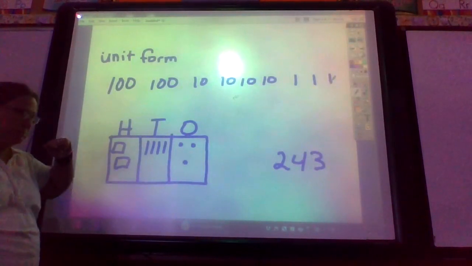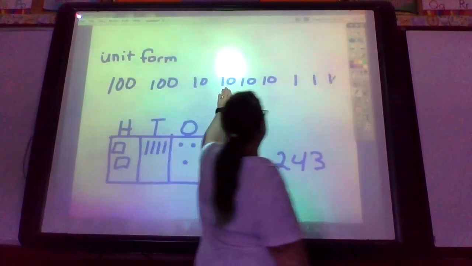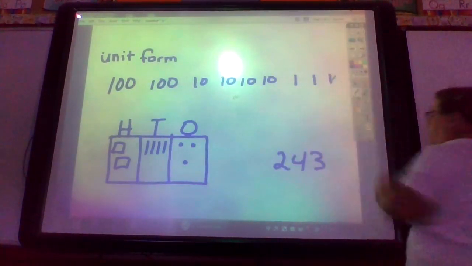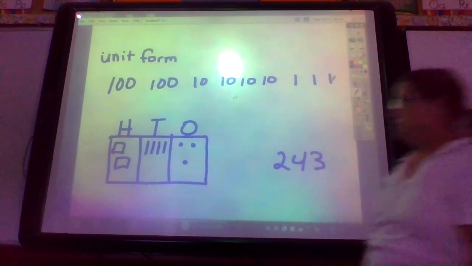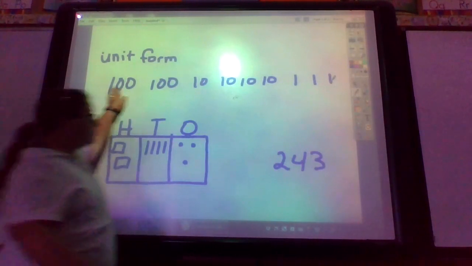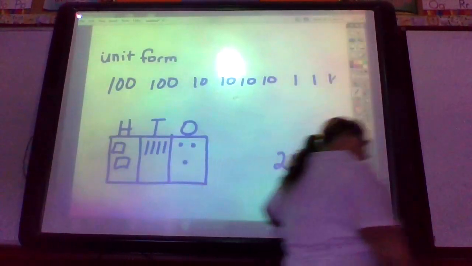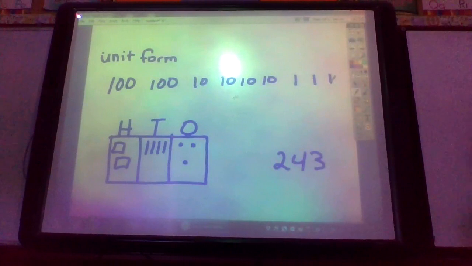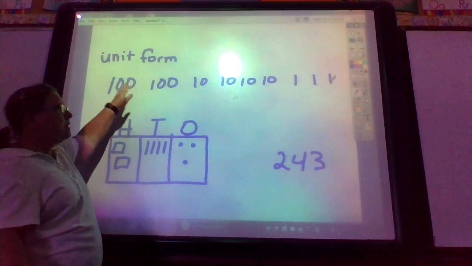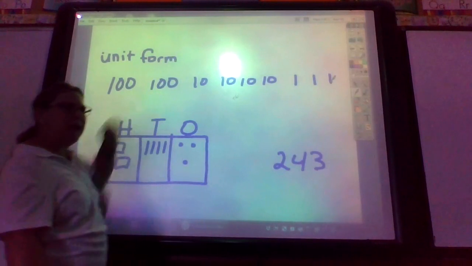I wrote the same number: 100, 200, 210, 220, 230, 240, 241, 242, 243. I read and wrote each one of those from left to right. Well, if I'm really writing it this way, and I'm going from 100 to 200, I'm really just adding. I am adding those numbers.